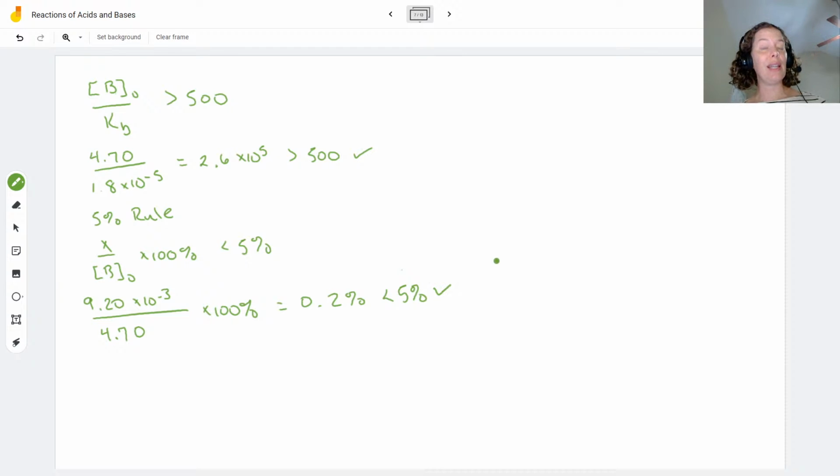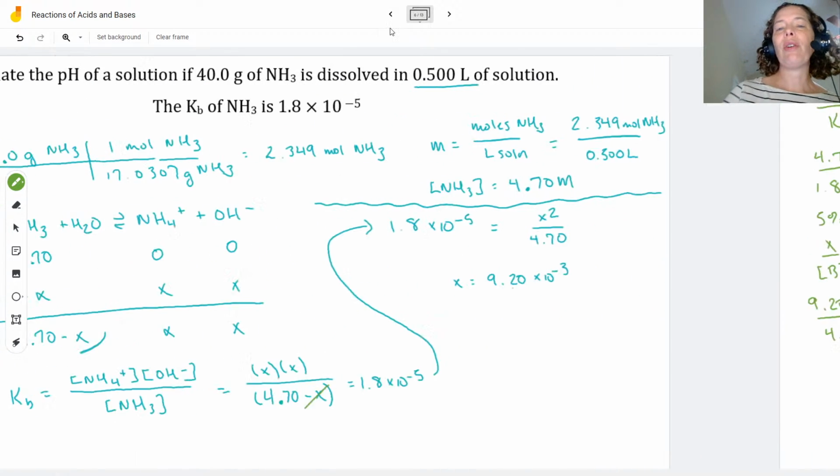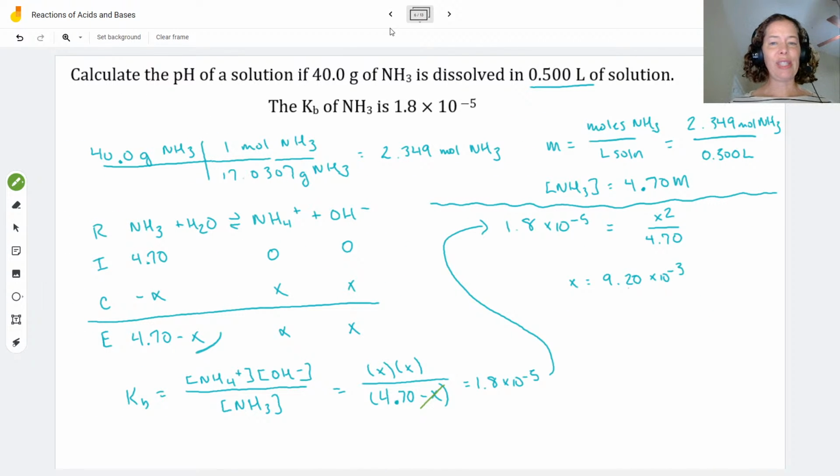It's a good bit less than 5%, so there is my check mark to say, yes, for both of my tests, my assumption is correct, and it's not going to change what my pH actually is. Now let's talk about what x means in the context of the problem. For us, x is our concentration of ammonium and our concentration of hydroxide.